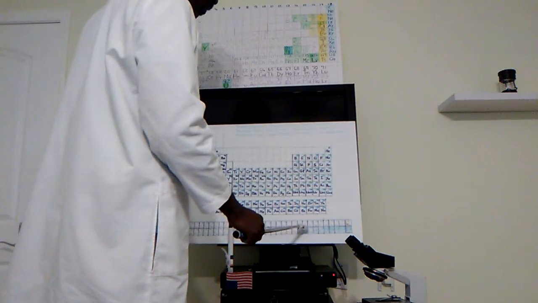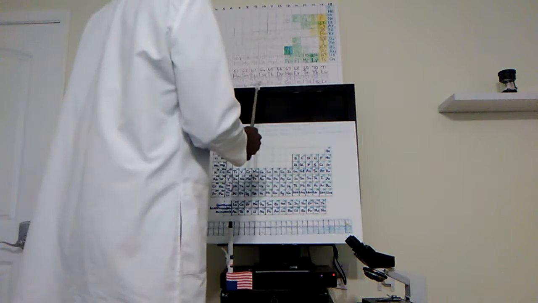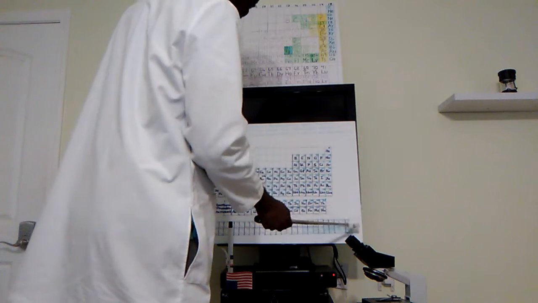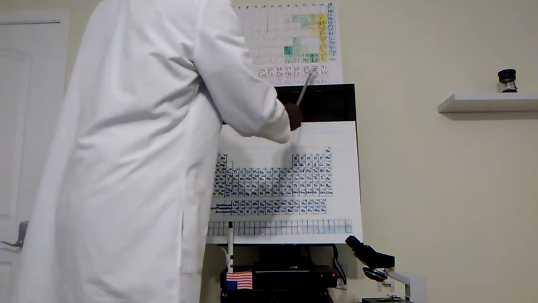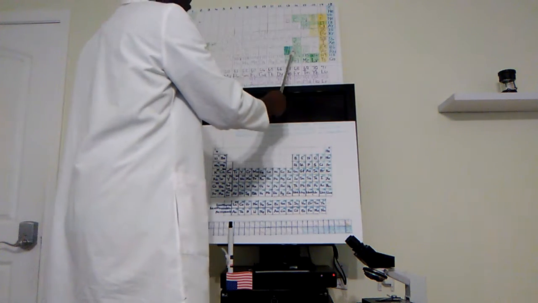Also, let's just take one look at the artificial synthetic elements. 118 is not mentioned in the upper periodic table.